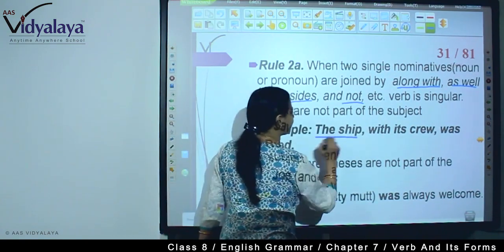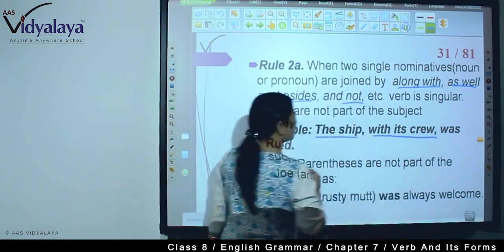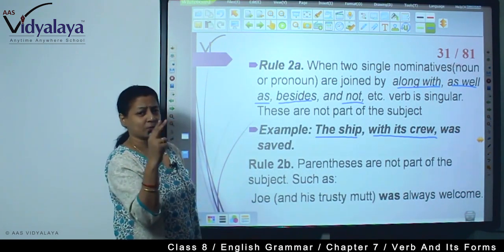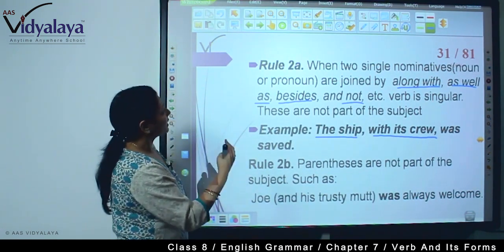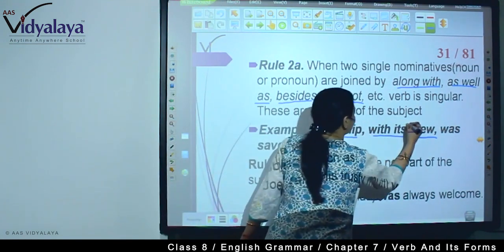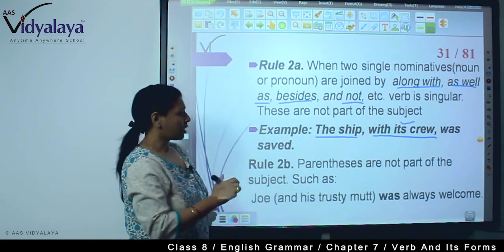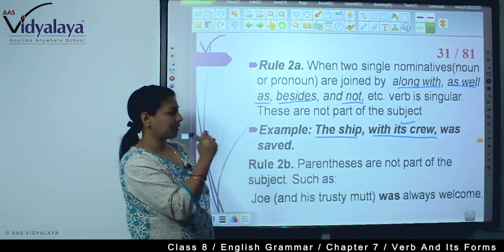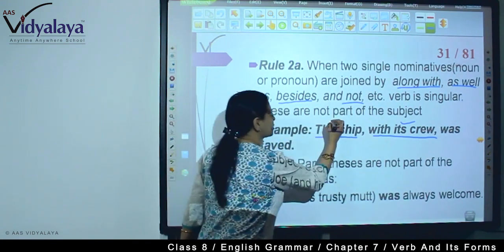Example: the ship with its crew. See, now two nouns or pronouns have been joined with "along with," "as well as," "besides." So this crew is not that related; it's related to the ship, the subject. Here the subject is ship.